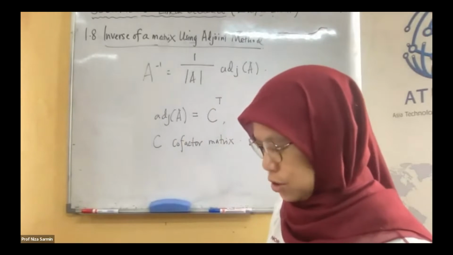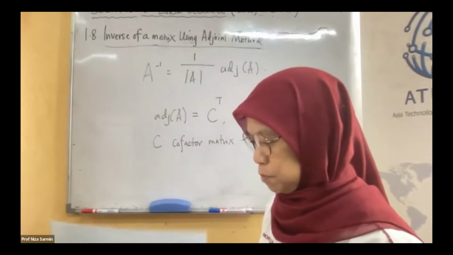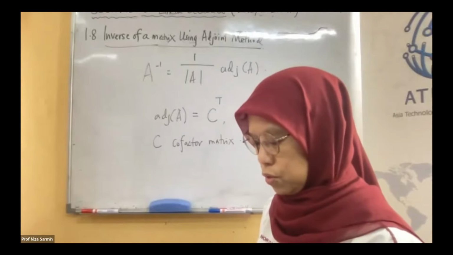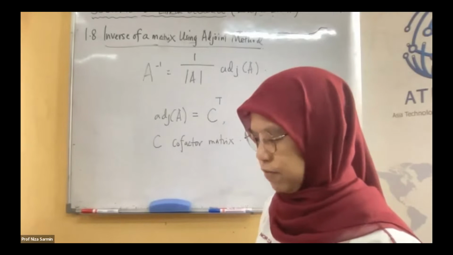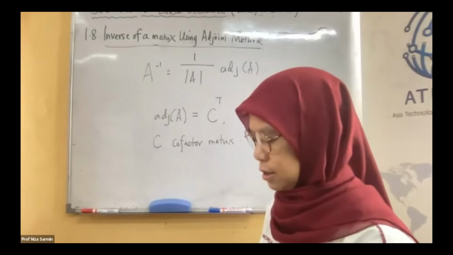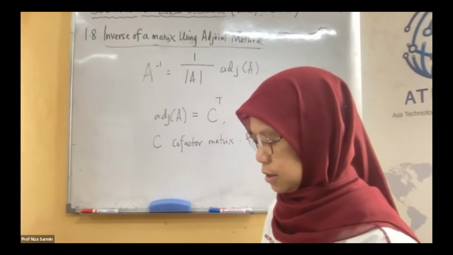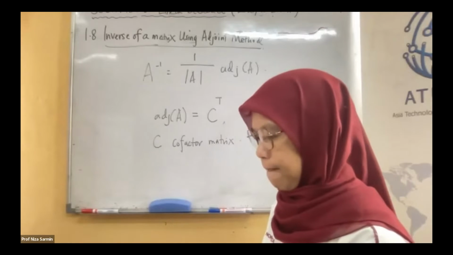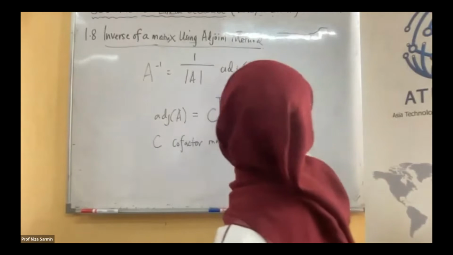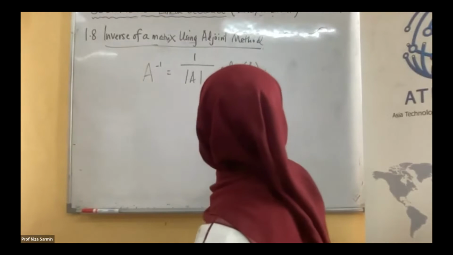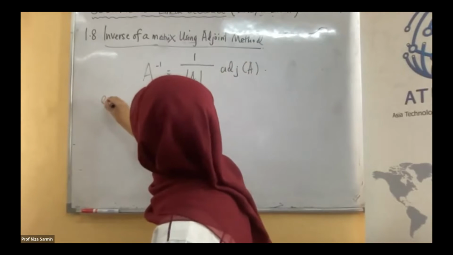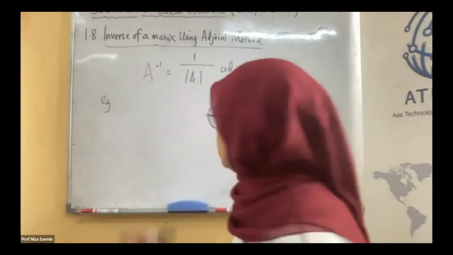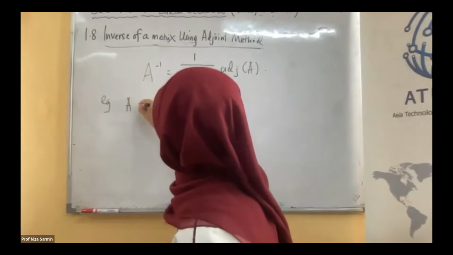Okay, let's go back to, is it the previous? Okay, it's okay. I'll just use this example so you don't have to copy. Okay, example. This is in the notes, yeah?